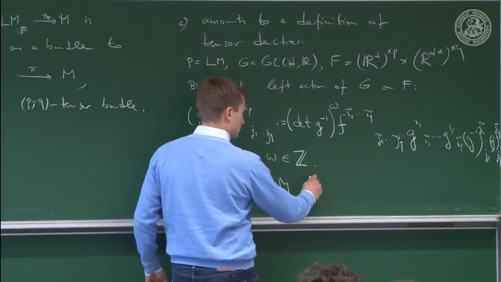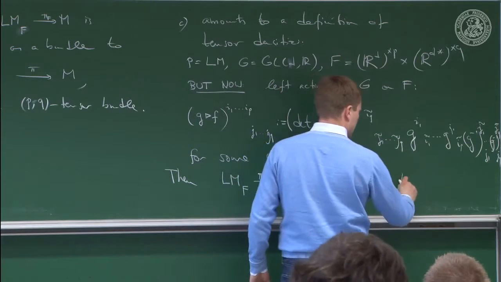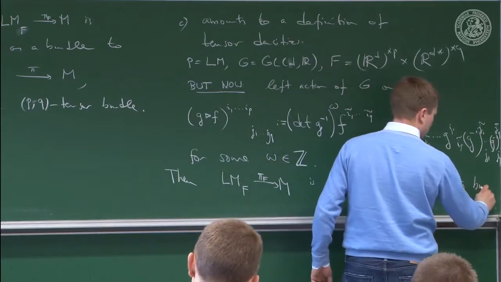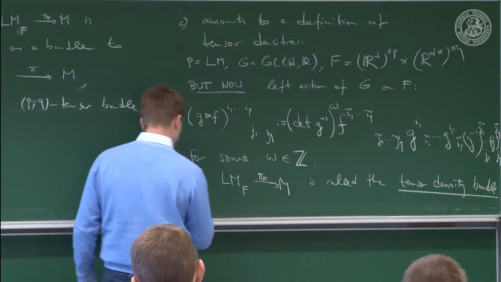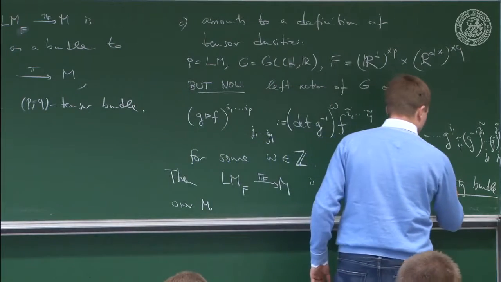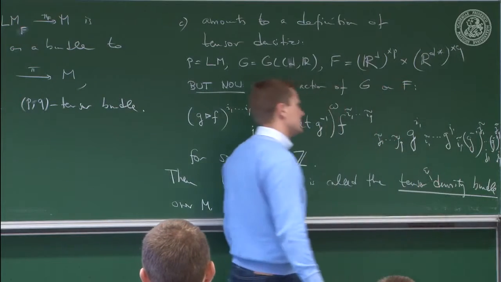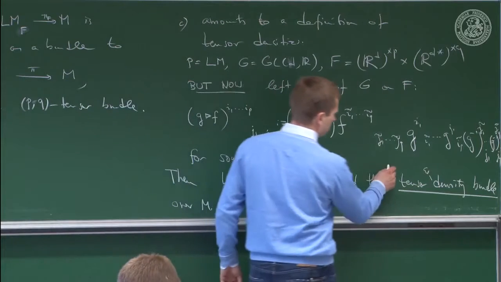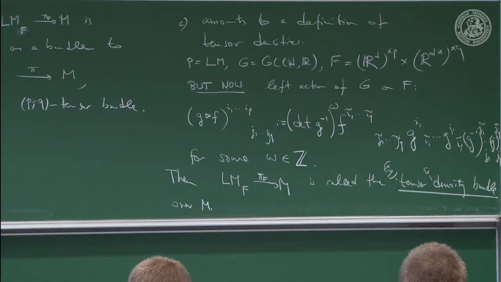It is called the tensor density bundle over M, and with the omega, we should call this the tensor omega density bundle over M, and the PQ tensor omega density bundle.